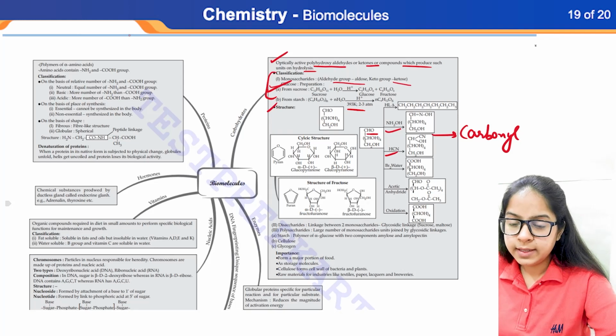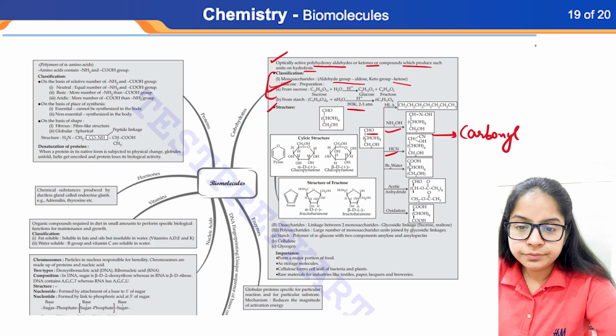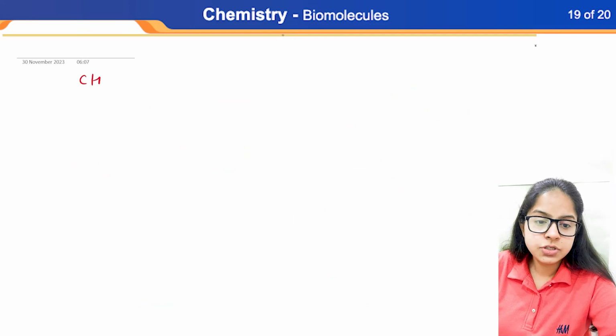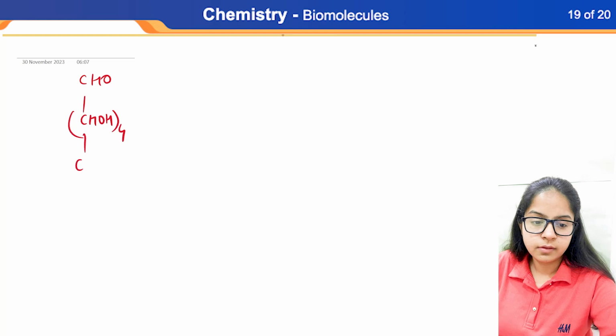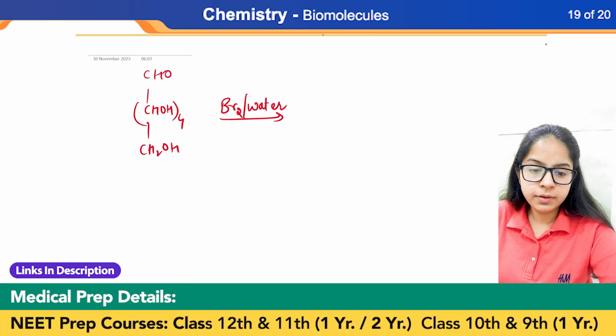Now the next one is, I want to ask whether the CHO group is present or not. To detect that CHO group is present, I am oxidizing it with bromine water.